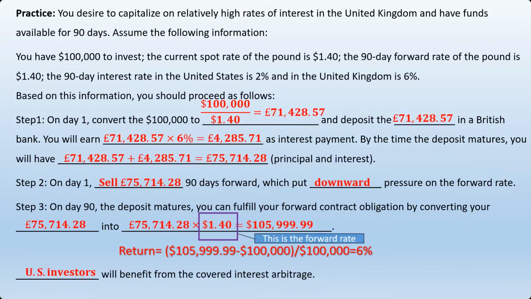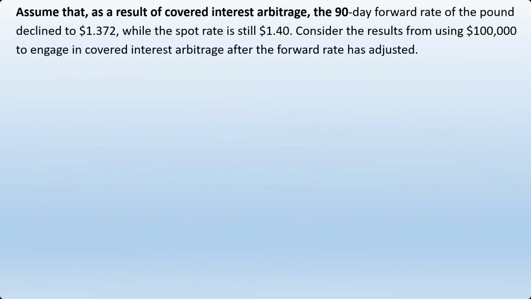It has downward pressure on the price. So we're gonna find that the 90-day forward rate declines from 1.4 to 1.372. Today's spot rate is still 1.4, but the forward rate decreased from 1.4 to 1.372.